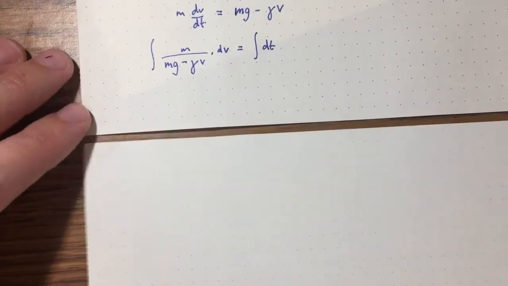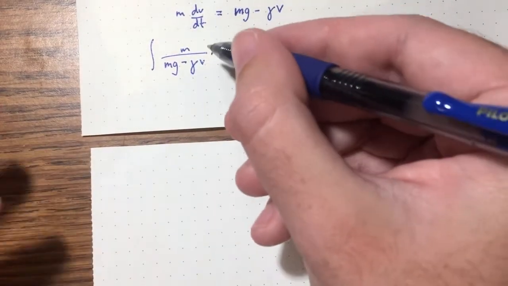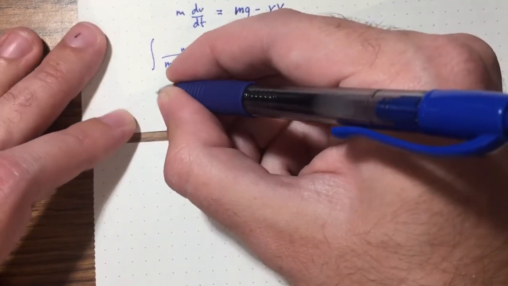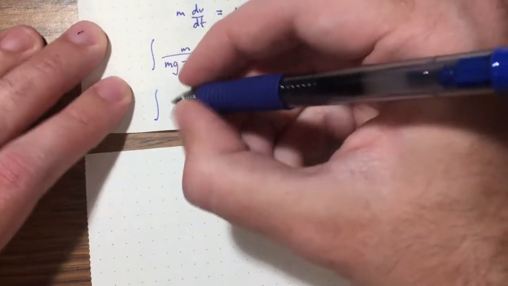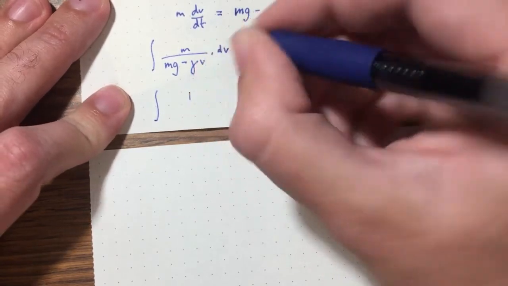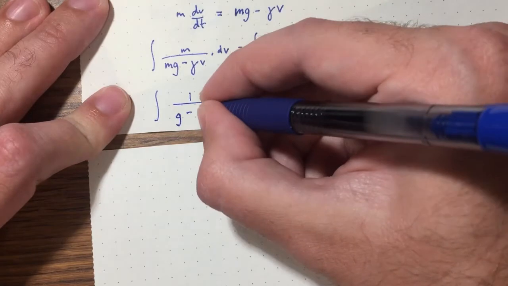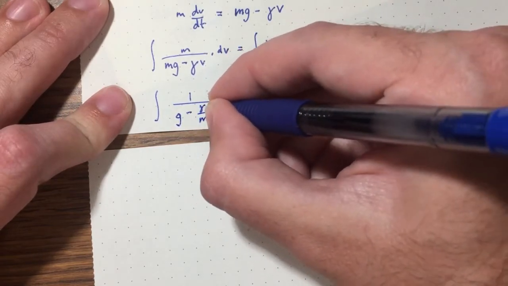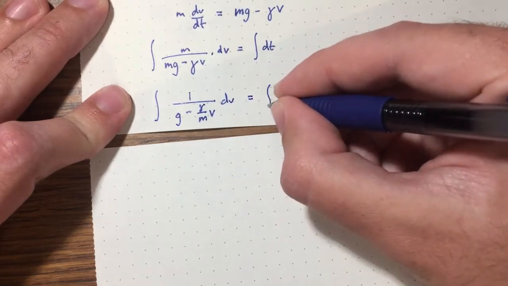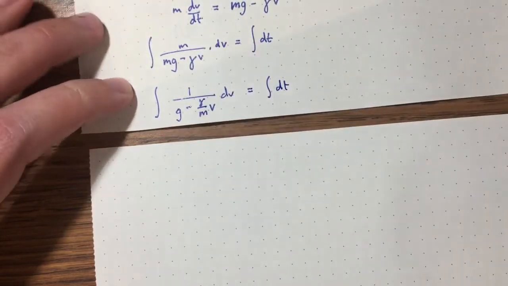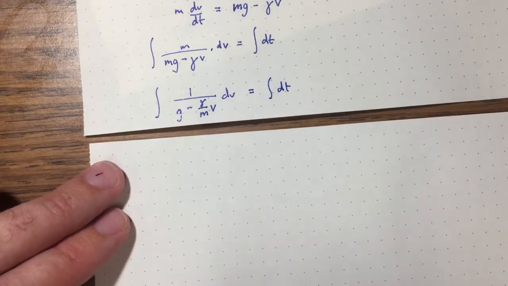Let's actually go on to another piece of paper. So before I do that, let's actually write this a little bit nicer. So I'm going to factor out this m. So we get 1 over g minus gamma over m times v dv equals this integral here, just of dt. And so what is this integral? Well, again, that's just a natural log.